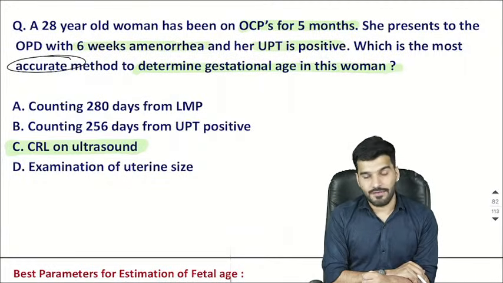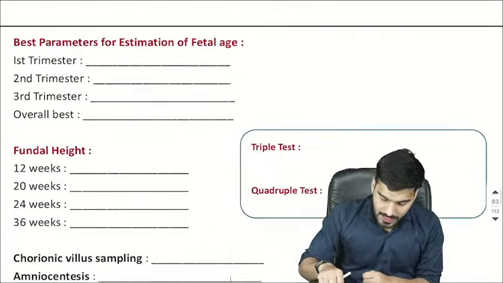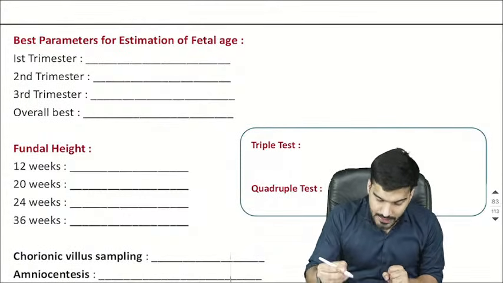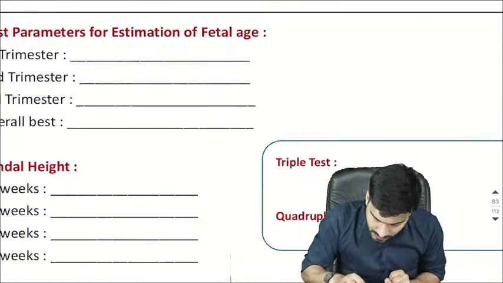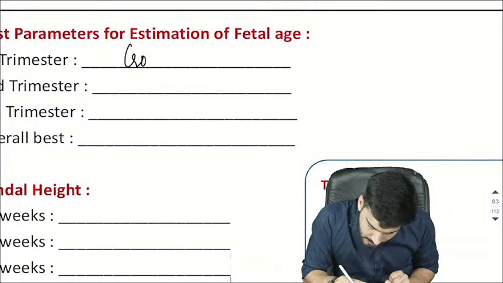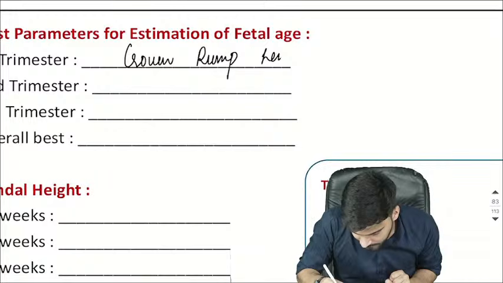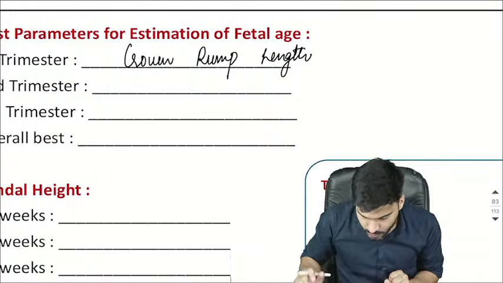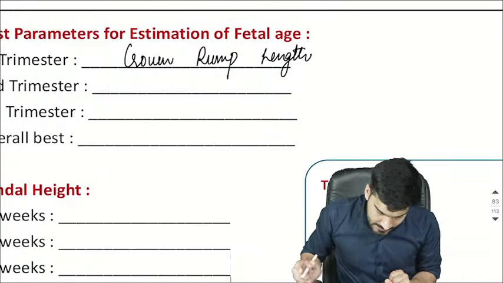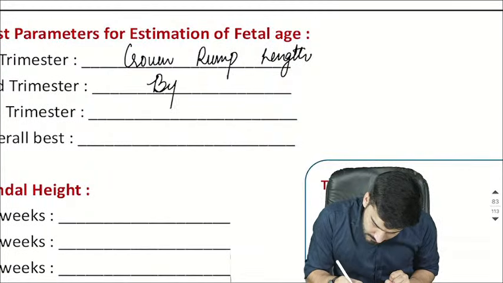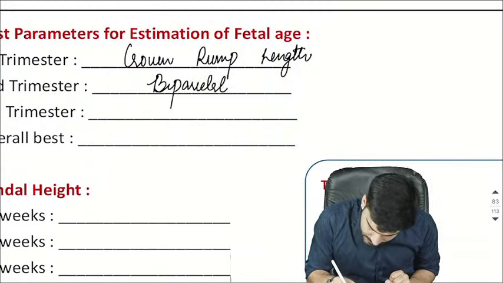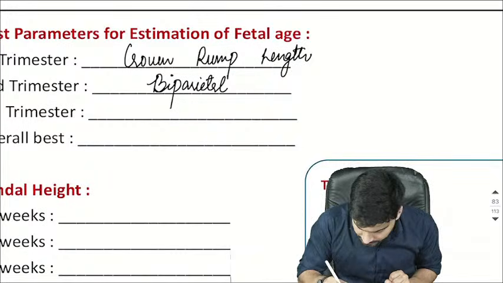Best parameter for fetal age estimation in the first trimester is crown rump length. Second trimester, it's going to be biparietal diameter.